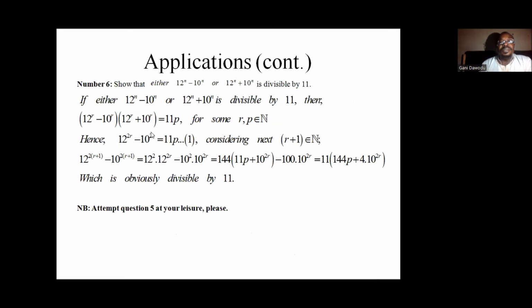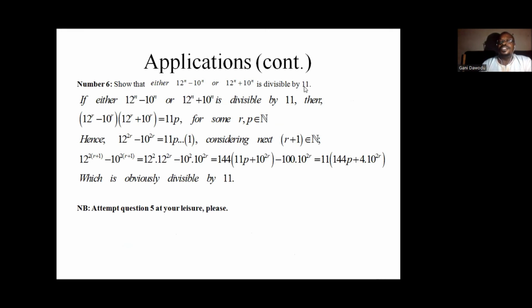Now, this is number 6. As for number 5, I want you to look at that at your leisure. It is very, very similar to number 4 I've just seen. Now, it says show that either this or this is divisible by 11. Okay.